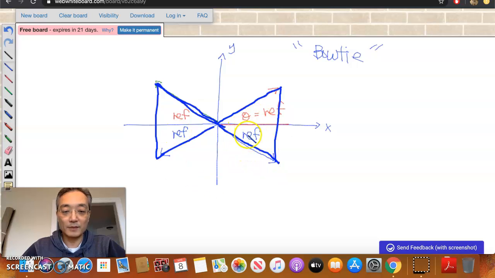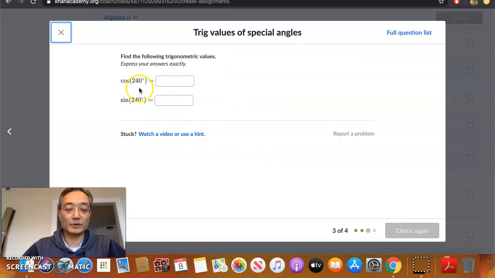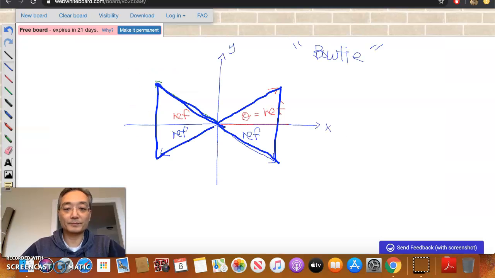Okay, guys? So now, knowing this, how can it help me find what I originally wanted to find, which was this question: how do I find the cosine and sine of 240 degrees? Well, this is how you do it. Let me give you the angles here.